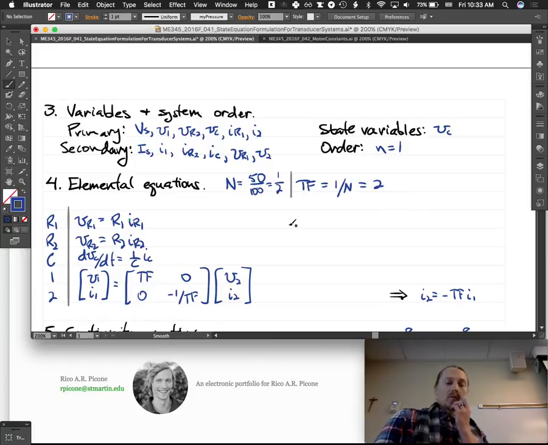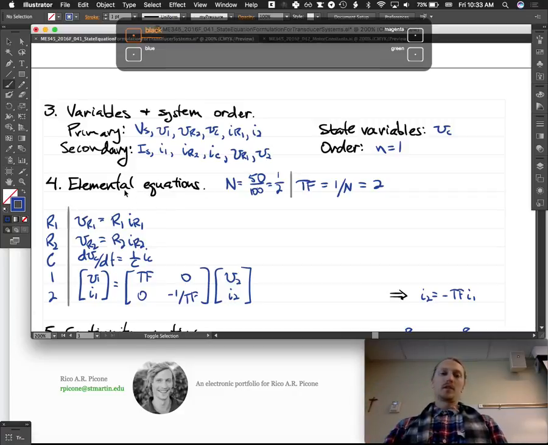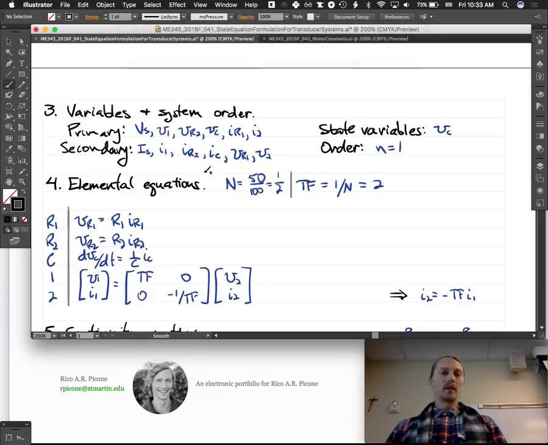Now, we want to make sure that all of these are written with the primary variable on the left-hand side, right? So let's do that. VR1 is not a primary variable, so we have to solve that for IR1.